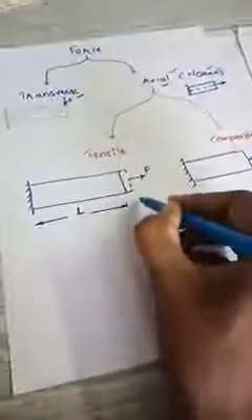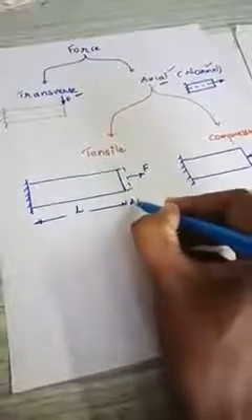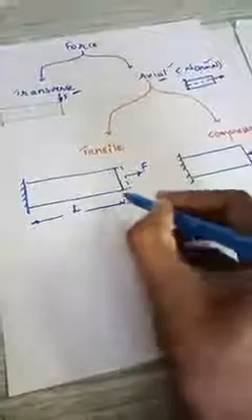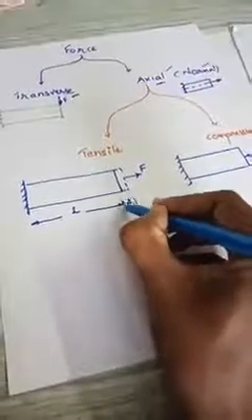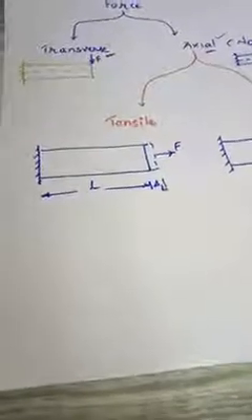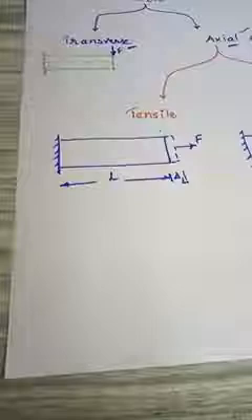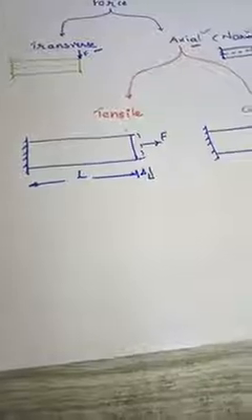We take that increase as delta L. We call this deformation or elongation. Whenever a force acting along the axial direction increases the length of the bar, we call that force a tensile force.